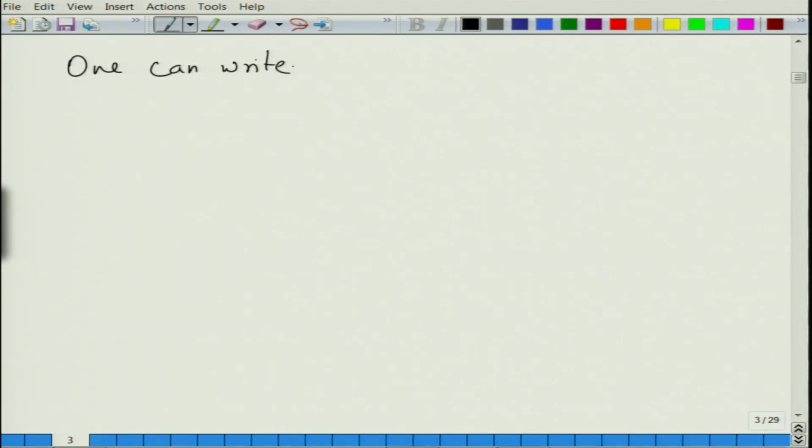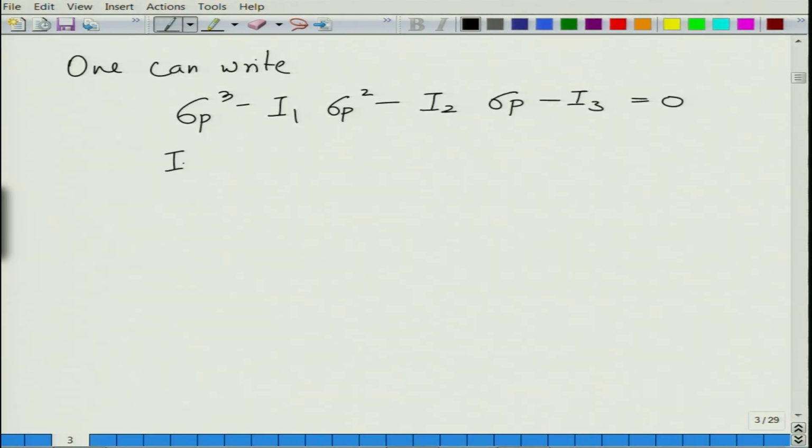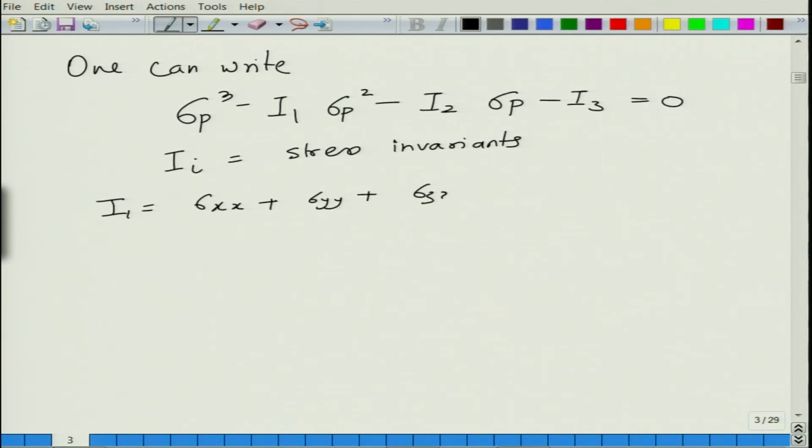the principal stress values, that is sigma p cubed minus I1 sigma p squared minus I2 sigma p minus I3 is equal to 0, and we wrote that these I's are nothing but stress invariants. So, I1 for instance one can write as sigma xx plus sigma yy plus sigma zz.